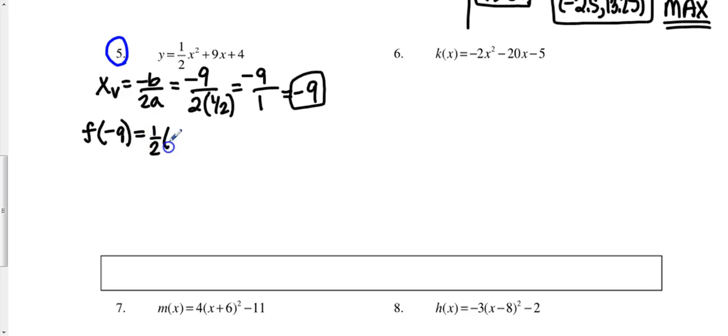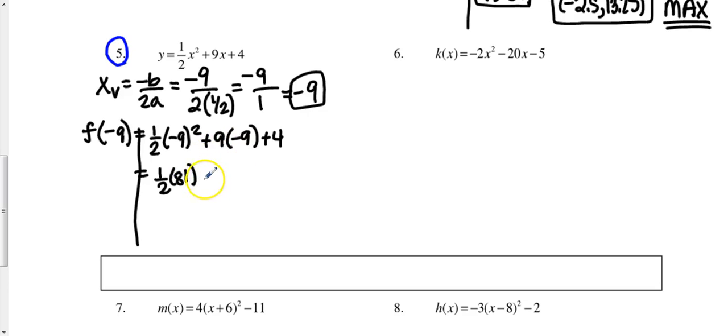So that's going to be 1/2 times negative 9 squared plus 9 times negative 9 plus 4. Applying our PEMDAS knowledge, what's going to come first? I'm hoping we're all saying exponents, and I would agree with you. 9 times negative 9 is a negative 81.